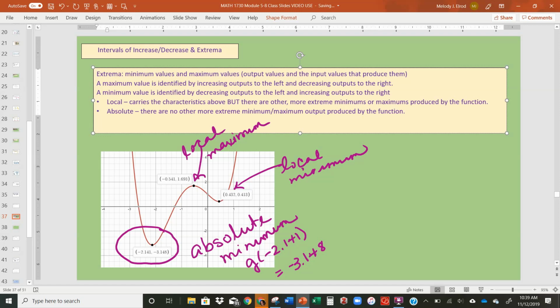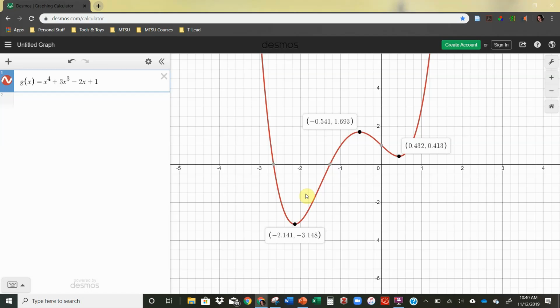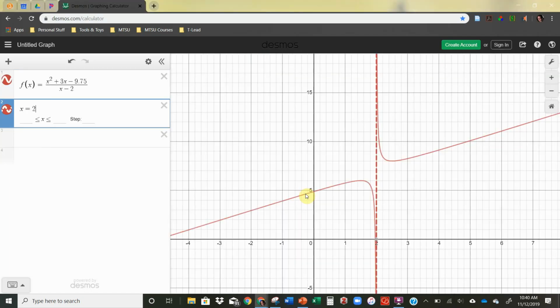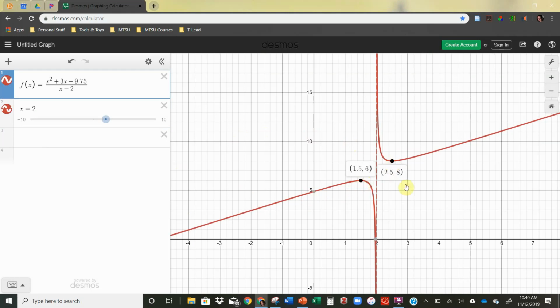The other two, while we do have an increasing to decreasing and then decreasing to increasing, we have a local maximum and a local minimum there. We can see that also in this graph, a rational function f of x. You can see that we are going to increase up to some point, and we're going to have a minimum there, but these values are both local.